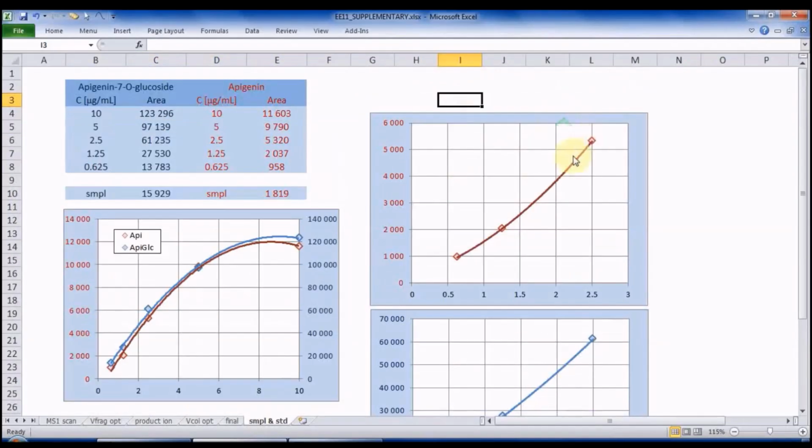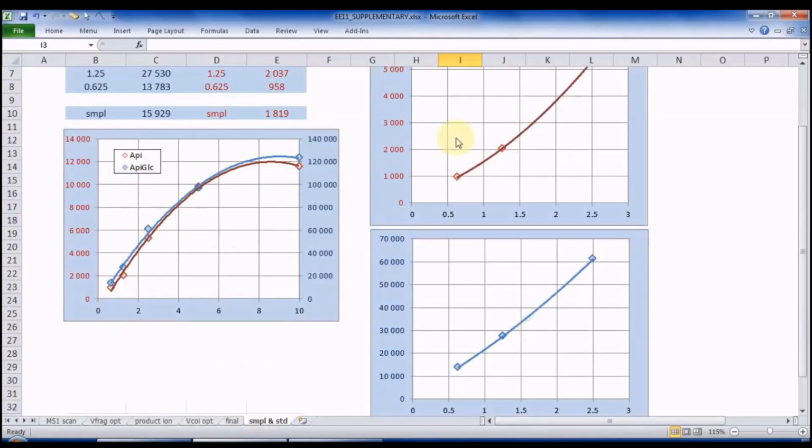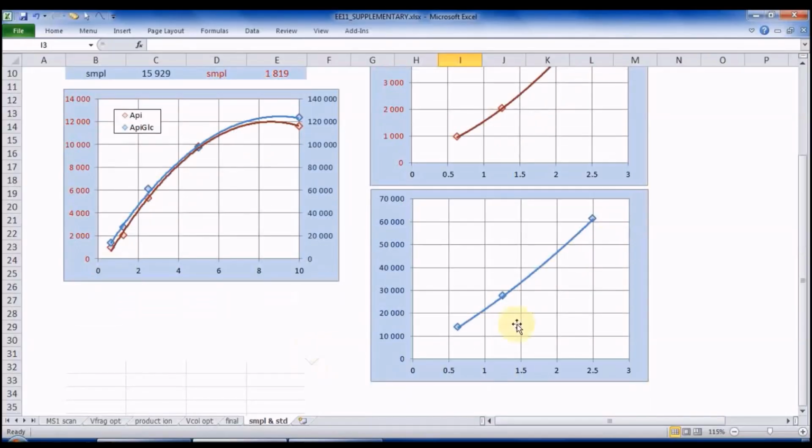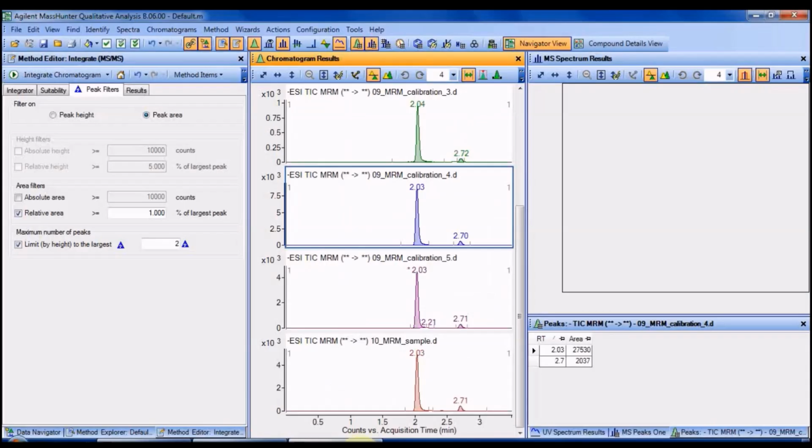And we get final calibration curves from which we can read our sample concentrations. Alternatively, if we are within the linearity range, we can use just a simple proportion, but with MS, since we usually do not have such clear linearity, it is preferred to use at least a calibration curve, if not standard addition or internal standard method.